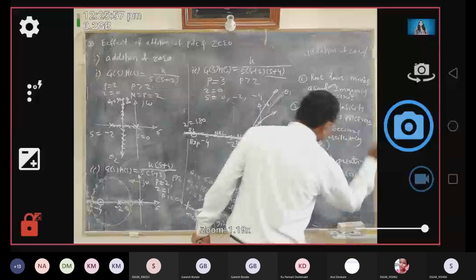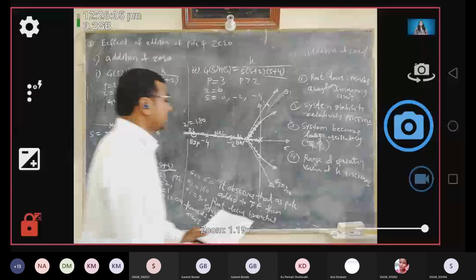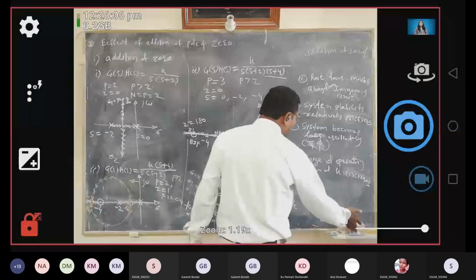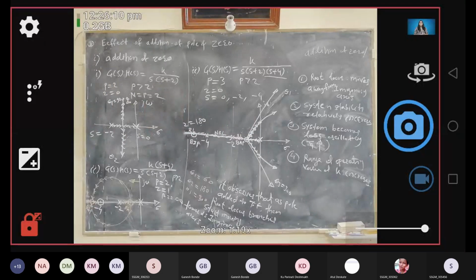So these are a few simple effects of adding a pole and zero to the system. You just remember the key points. When we add a pole to the system, the root locus branches move towards the imaginary axis. Hence the system relative stability decreases, the damping ratio decreases, hence the operating range of K decreases.